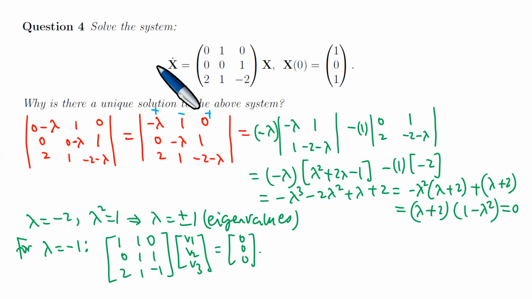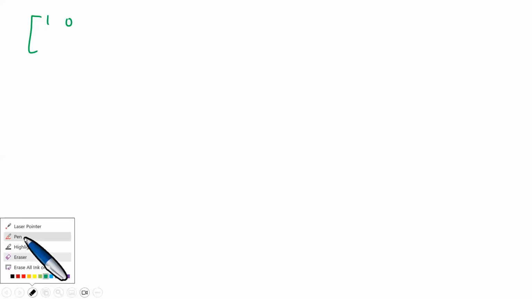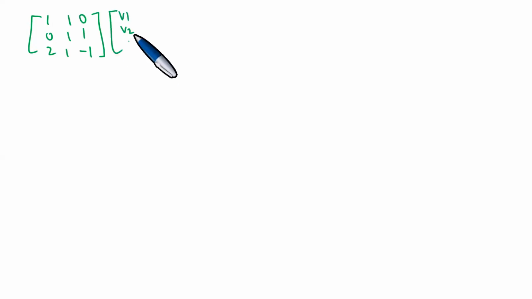It is 1, 1, 0, 0, 1, 1, 2, 1, -1, times V1, V2, V3, equals zero, zero, zero.